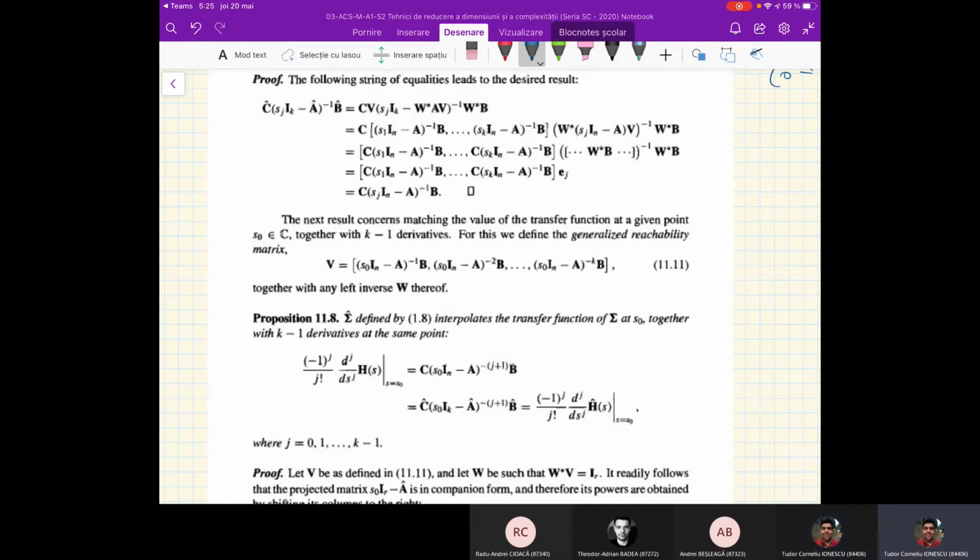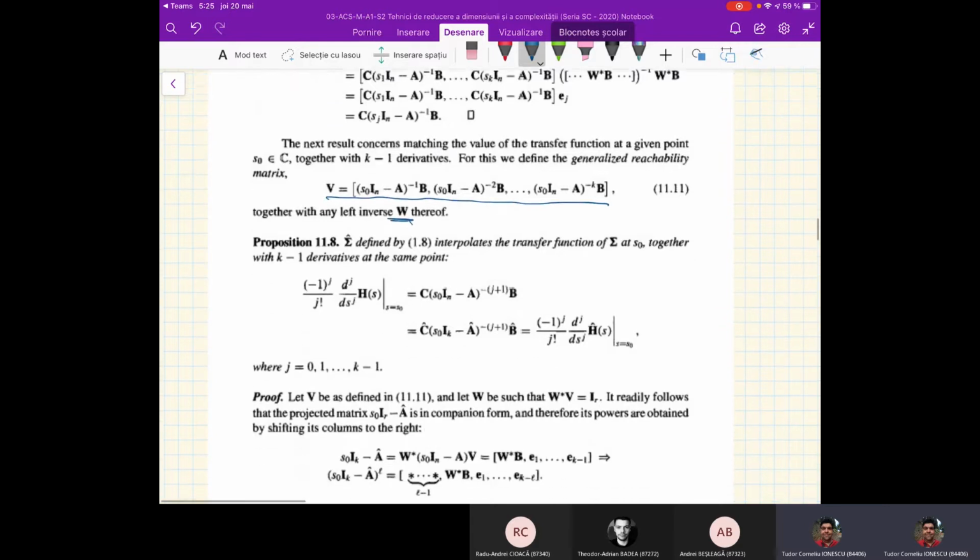Now, if you have only one point S0 and you compute K moments, you look at all the moments eta 0, eta 1, up to eta K defined at this S0. Again, you can define V in this form, a Krylov projection, and you can get again any W such that W transpose V is the identity.